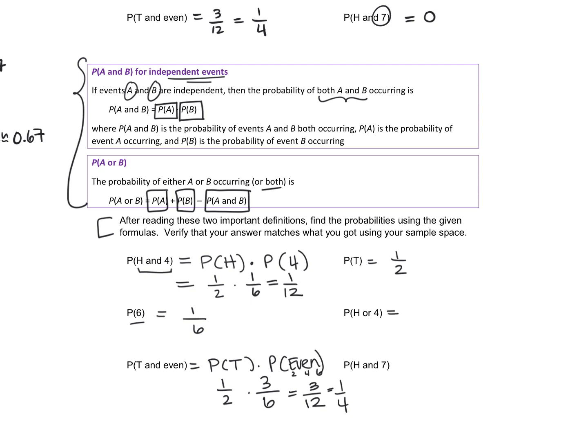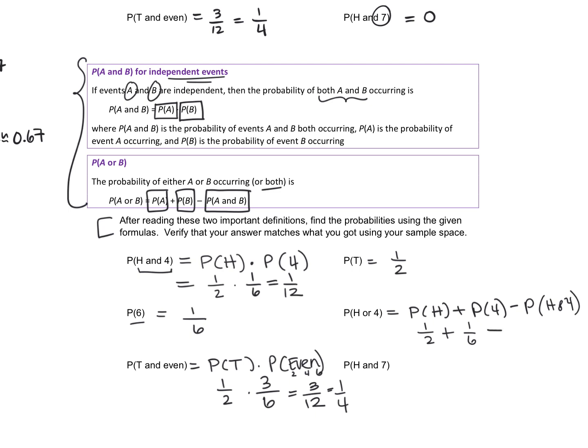Now we have probability of a head or a 4. So we're going to take the probability of our head plus the probability of rolling a 4, but we want to minus the probability of that intersection, which is a H and a 4, because of that, again, that double counting. So the probability of getting a head is 1/2. The probability of rolling a 4 is 1 out of 6.